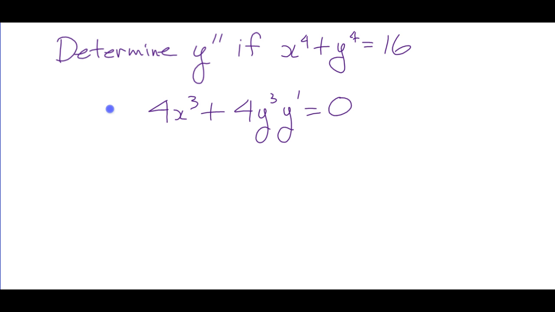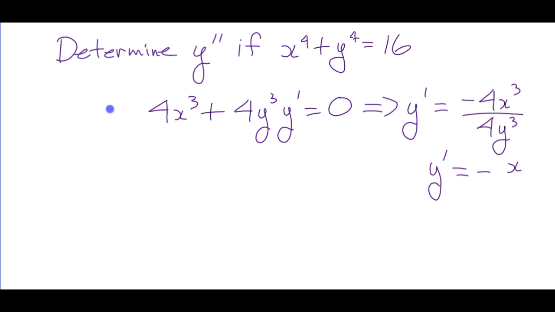So y prime is equal to, so we move stuff over. All right, so move that over, get negative 4x cubed, and divide by 4y cubed. And we get negative x cubed over y cubed, right, after simplification.